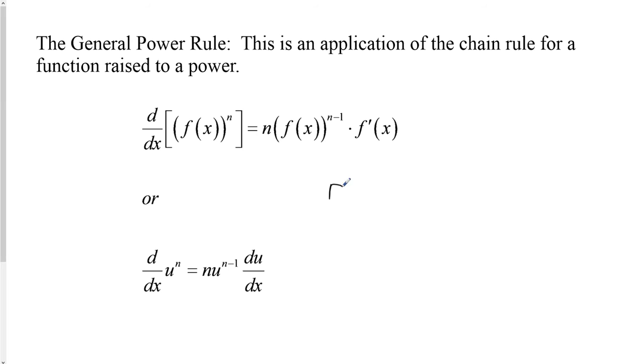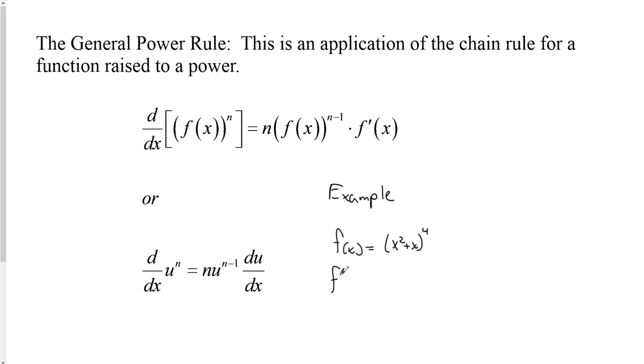So a real quick example. If I were to say f of x is equal to, let's say, x squared plus x, to the fourth. Now, this x squared plus x function is the inner function composed with the x to the fourth function.